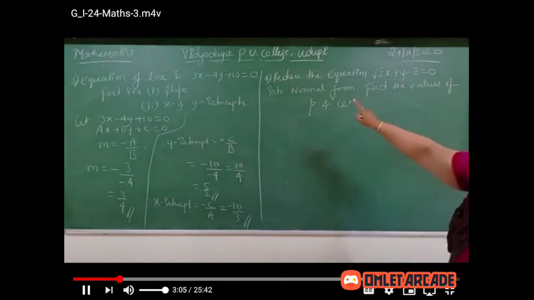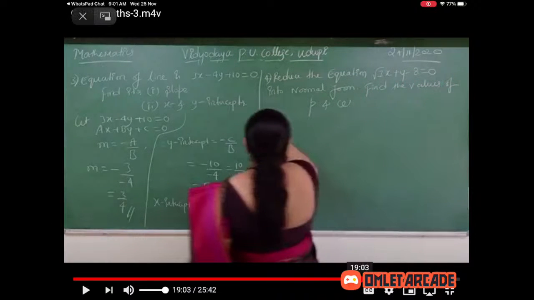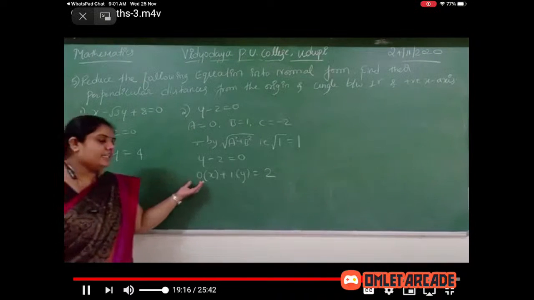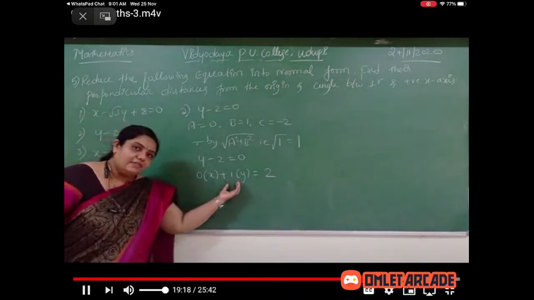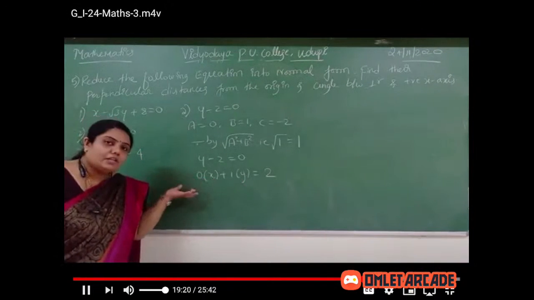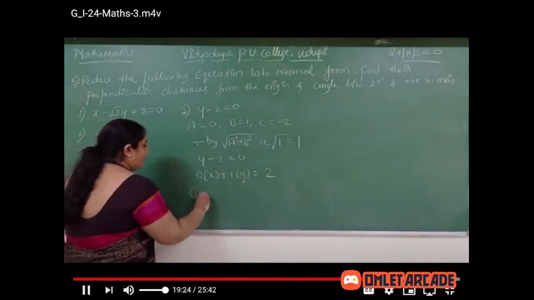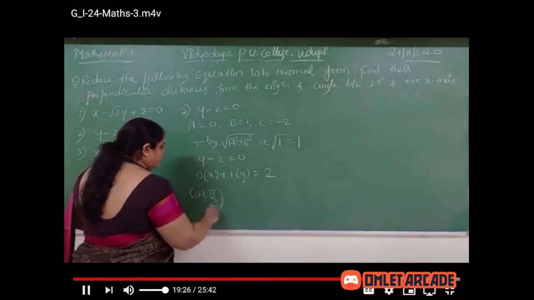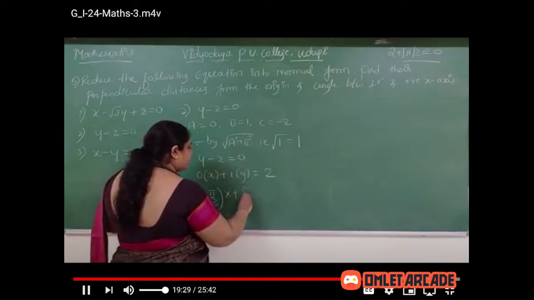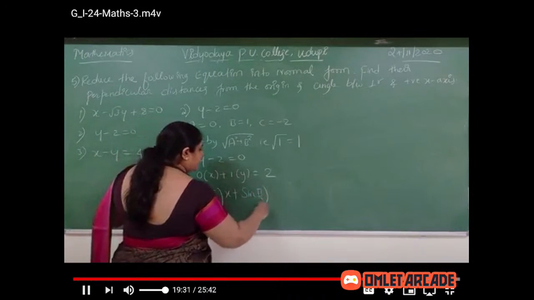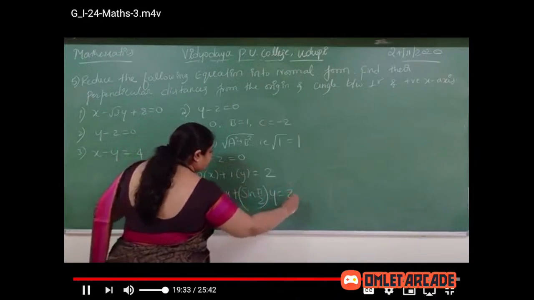So first we have to reduce the equation into normal form. You will get 0 in cos and 1 in y, because x should be with cos and y should be with sine, isn't it? So cos pi by 2 into x plus sine pi by 2 into y is equal to 2.